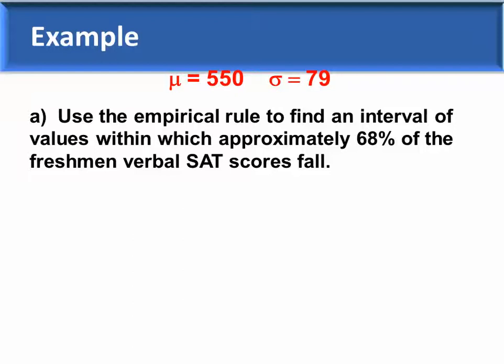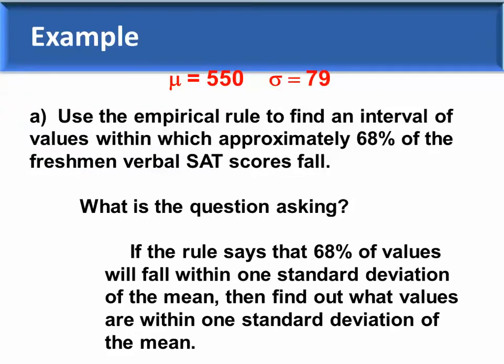We're going to use the empirical rule to find an interval of values within which approximately 68% of the verbal freshman SAT scores fall. So between what two scores do 68% of all the freshmen end up scoring? That's what the question is asking. The rule says 68% of values fall within one standard deviation of the mean, so we need to find out what values fall within one standard deviation of the mean.